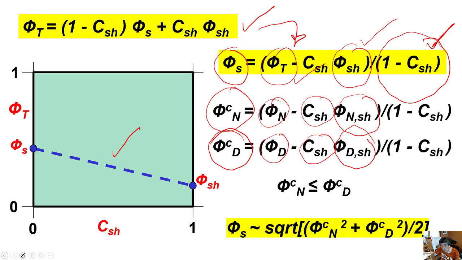And what you are going to see is very, very interesting. Before you make this correction, the neutron log will be almost invariably larger, give you larger apparent porosity than the density log. But when you make this correction, suddenly the neutron corrected log will be less than or equal to the density porosity log.